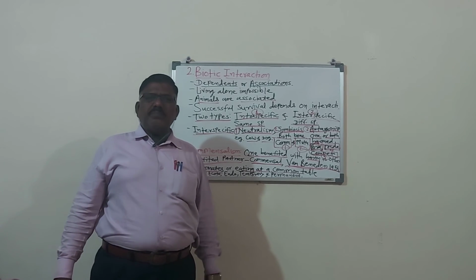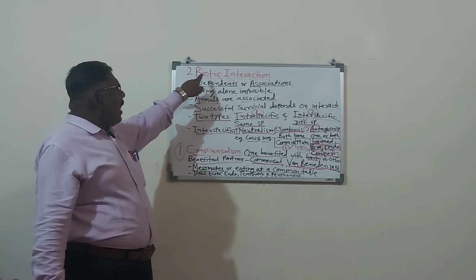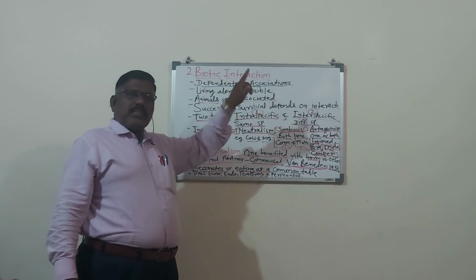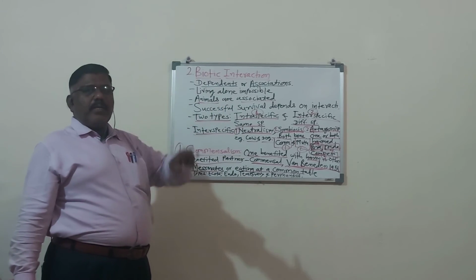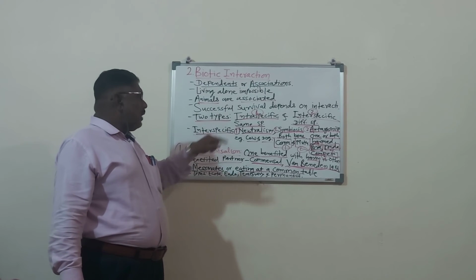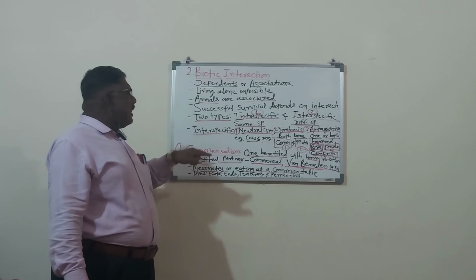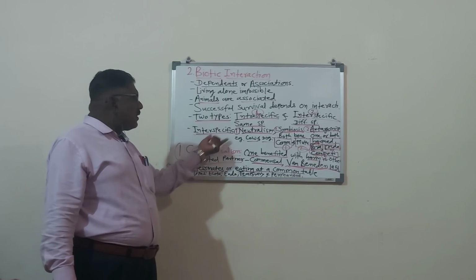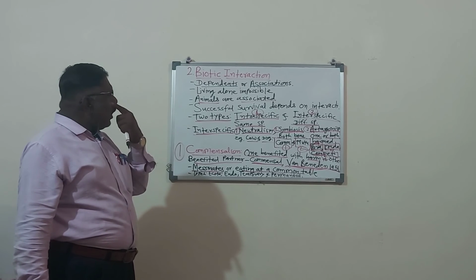So in today's period, we have started the chapter on biotic interaction. We studied the definition of biotic interaction. Then there are two types of interaction. From the interspecific, it is further classified into three types. From those three types, there is symbiosis.